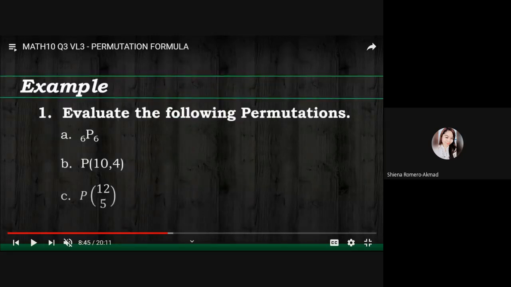Okay, so let us evaluate the following: permutation of 6 taken 6 at a time, permutation of 10 taken 4 at a time, and permutation of 12 taken 5 at a time. So let us have this as our example.